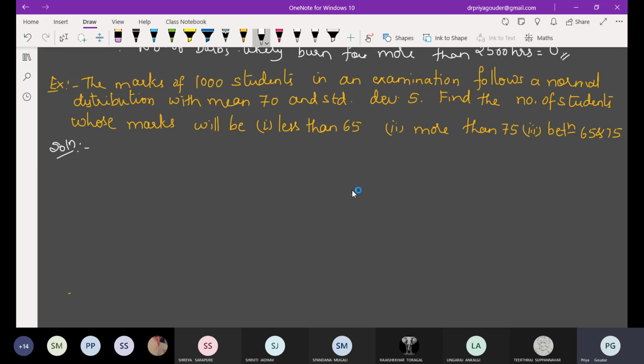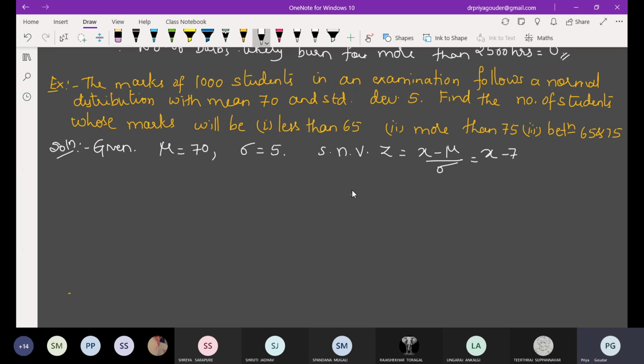Now at least tell me what the given things are. What are they denoted as in normal distribution? Mean is denoted as mu. Mu is 70. Standard deviation sigma is given as 5. So standard normal variate Z is given by x minus mu divided by sigma.